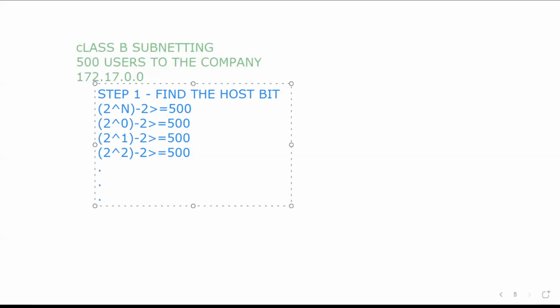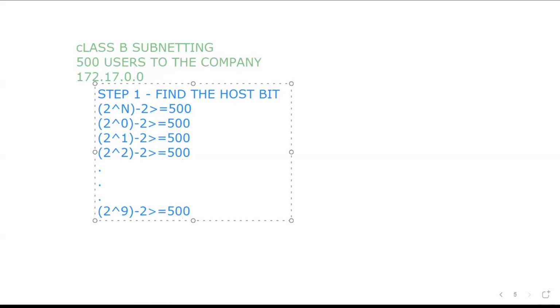Now I'm putting the value 2 to the power 9 subtract 2 greater than or equal to 500. So it will come 510, which is greater than or equal to 500, right? So the value of n is equal to 9.